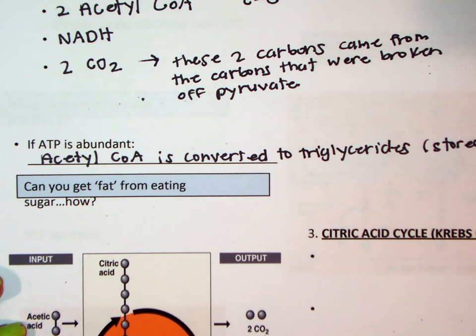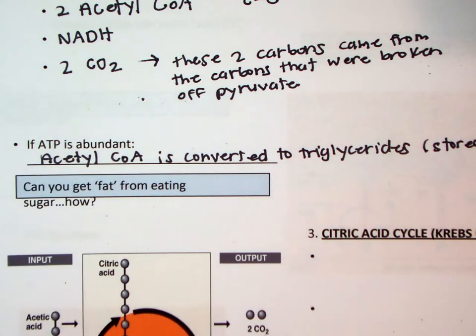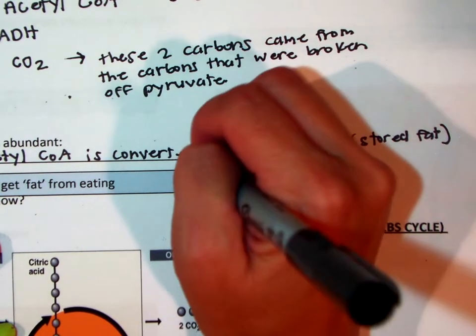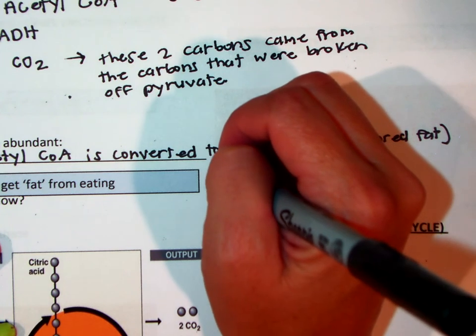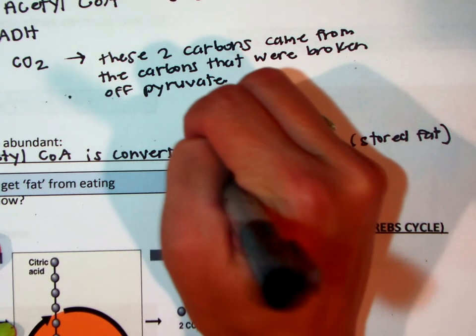So can you get fat from eating sugar? And if so, how? So we'll write the answer over here. Excess food is not metabolized all the way if no ATP is needed.